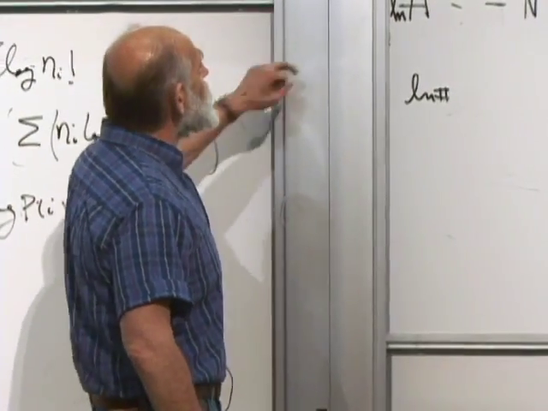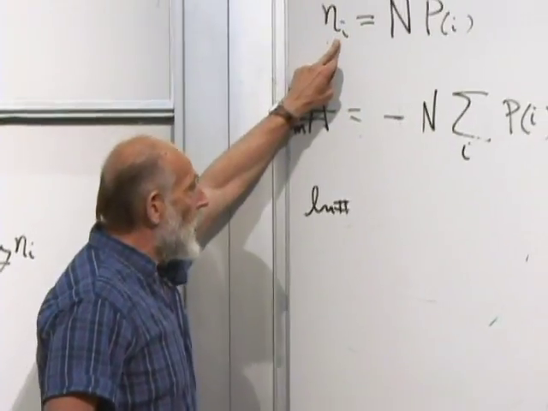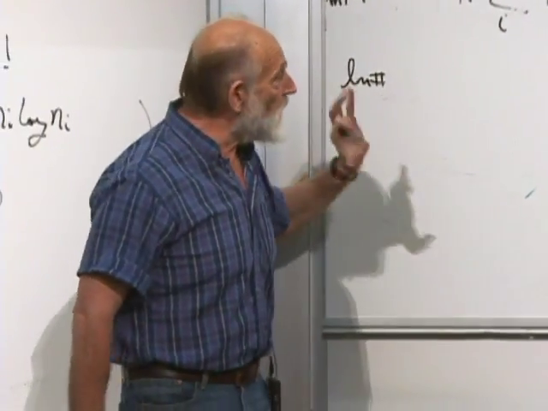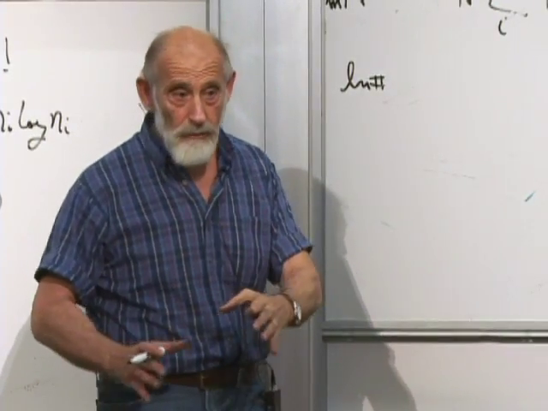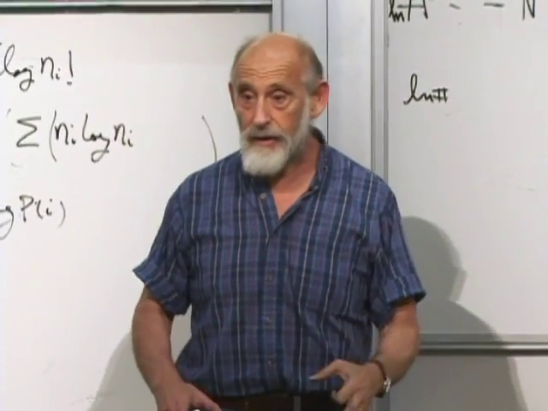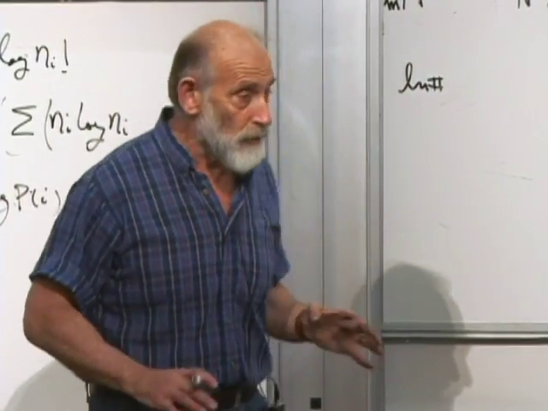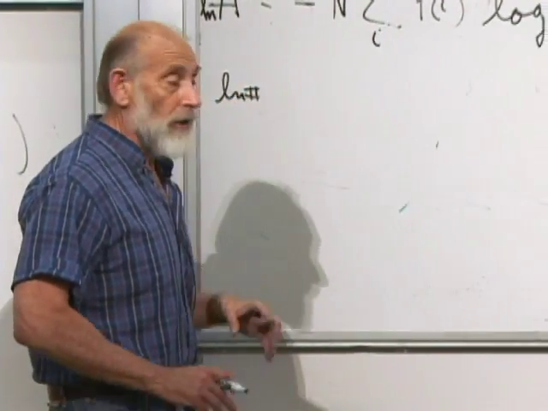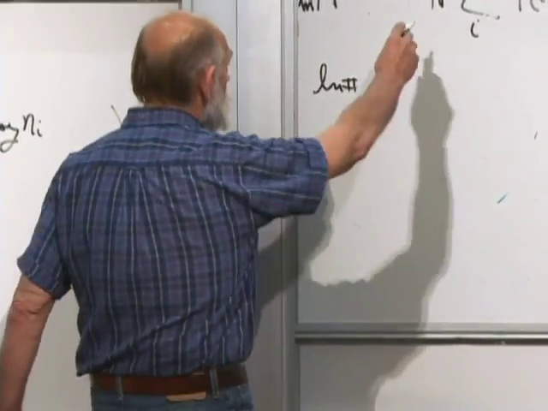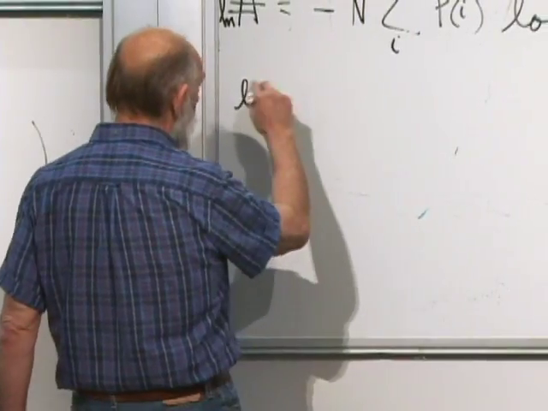You can think of it either as a function of the n sub i's or a function of the p sub i's. In this problem, the variables that we're maximizing with respect to are these probabilities themselves. We're trying to find the most likely probability distribution. So the p sub i's are the unknowns.